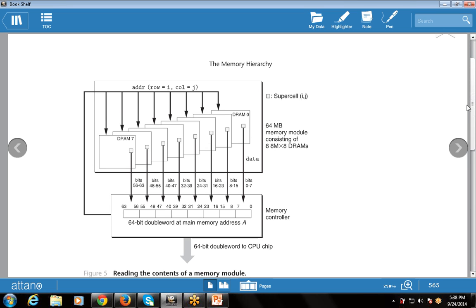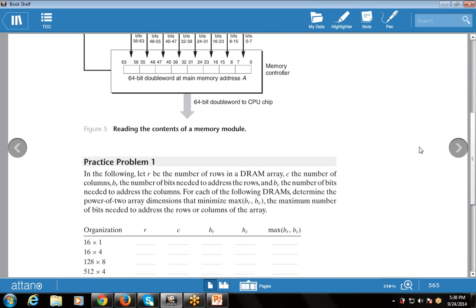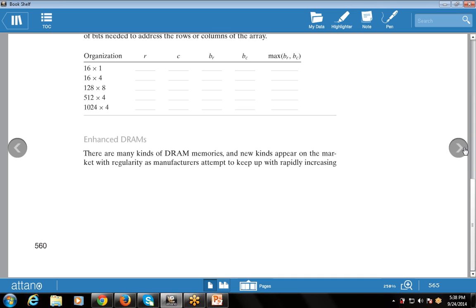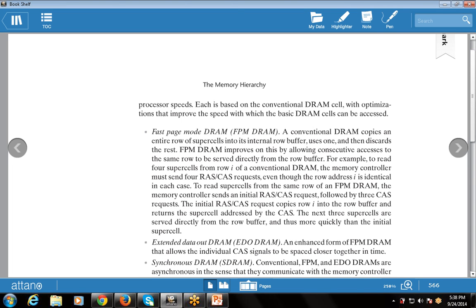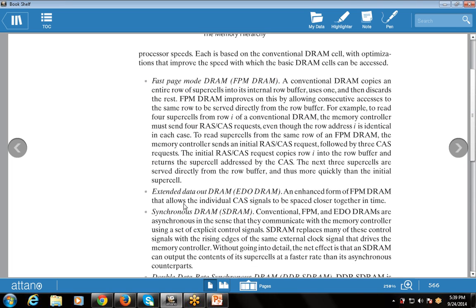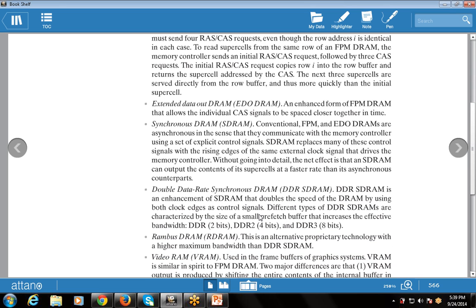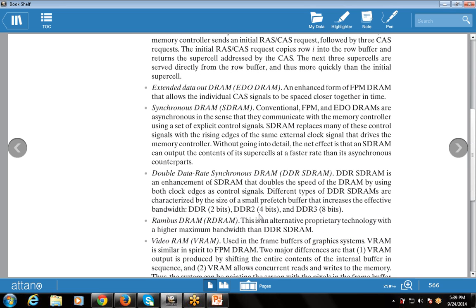These diagrams show how we can read data from the memory. This is enhanced dynamic RAM, an advanced form of dynamic RAM. The conventional types include fast page mode dynamic RAM, that is FPM DRAM, extended data out DRAM, that is EDO DRAM, then synchronous DRAM and double data rate DRAM. These are also categories of dynamic RAM.